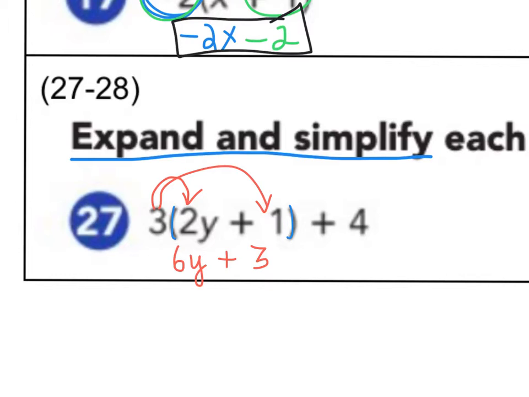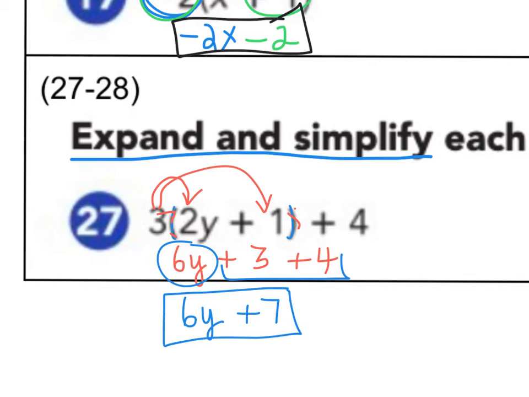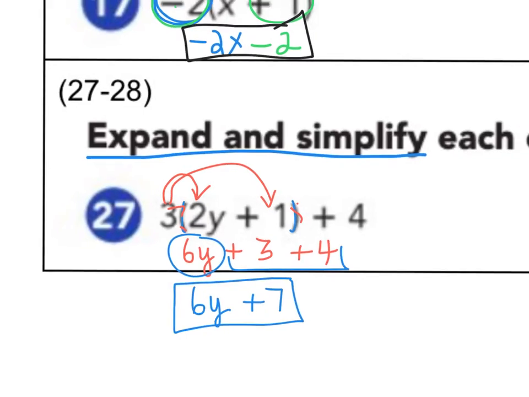Now I cannot multiply this by the 4 because it's not in the parentheses. So I'm done right there. These parentheses are now going away. Bring down the plus 4. So I can't combine 6y with anything, so that stays the same. And 3 plus 4 is a positive 7. So that's my final simplified expression.